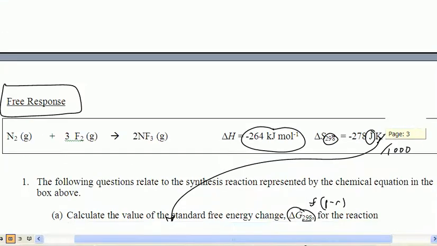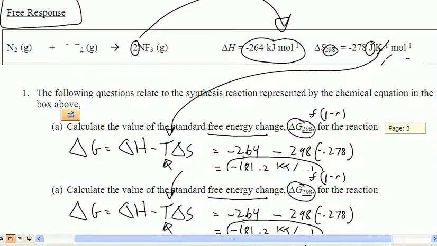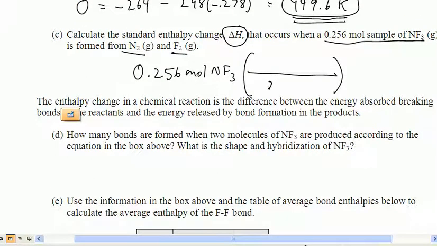According to the mole ratio, every time 2 moles are produced, we get that much heat. So every time 2 moles of NF3 are used, we get negative 264 kilojoules. All right, that's going to cancel out. We're going to get our answer, around negative 338 kilojoules per mole.